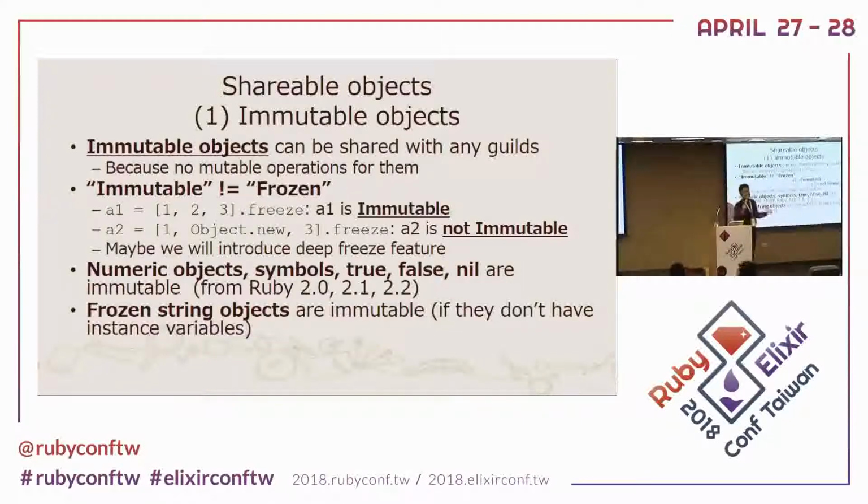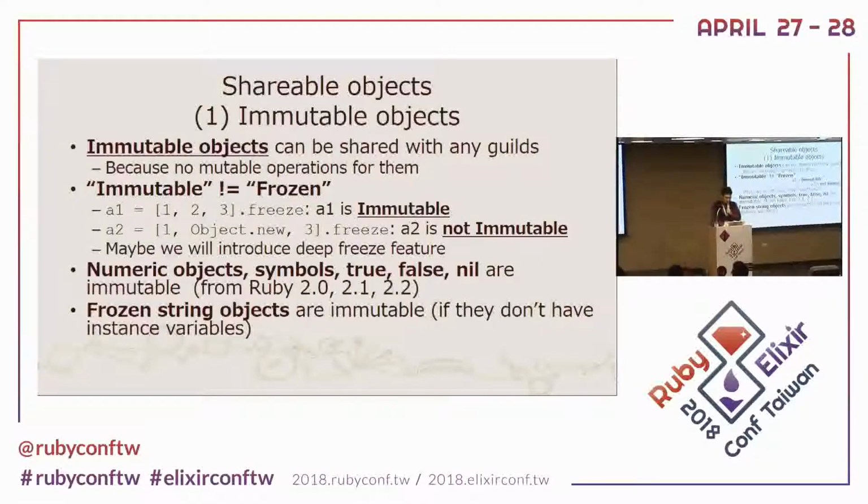Sharing mutable objects is a problem, but we can share immutable objects. Immutable objects are a very straightforward idea. An immutable object is not merely a frozen object. Frozen is Ruby's feature by which we cannot modify an object after that.